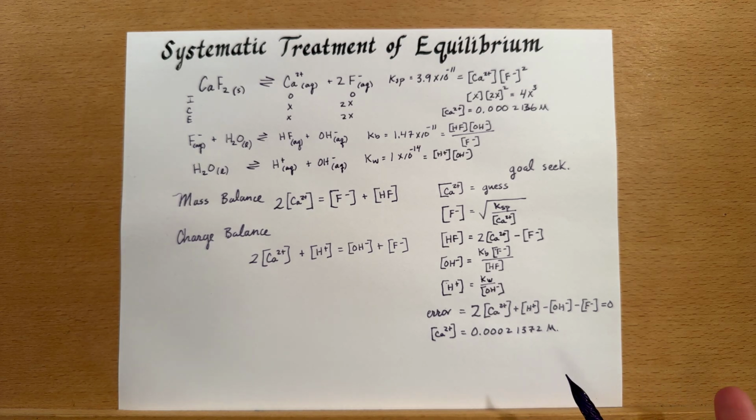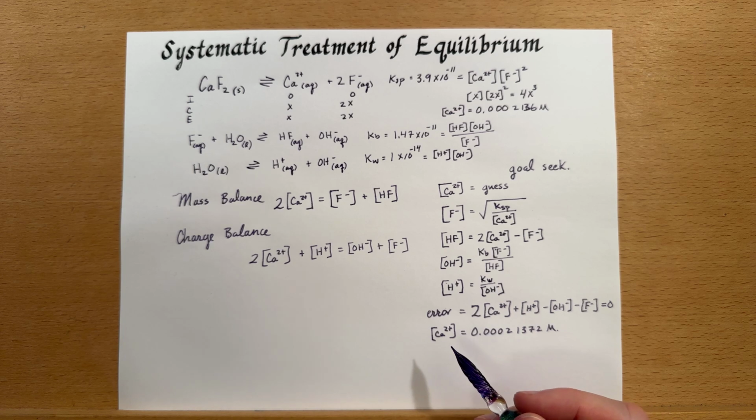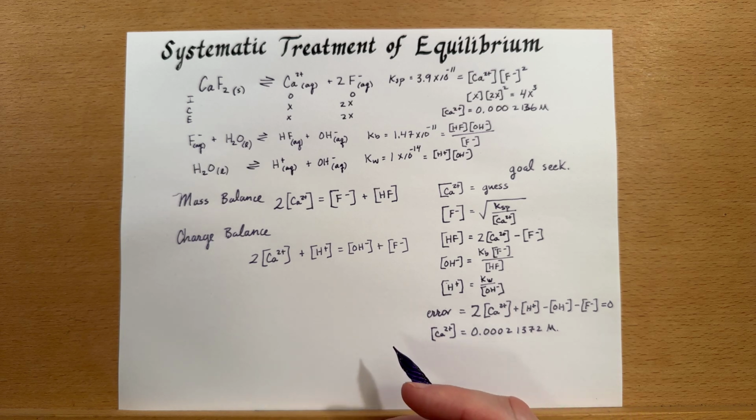And you might say, wow, we went through a lot of work just for not a whole lot of difference here. And that's true in this particular case. But what would happen if, instead of having just put this in pure water, we put this in a buffer? And that buffer had the pH set to 3.